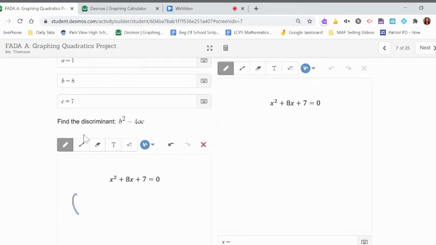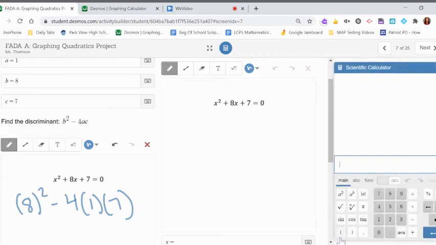I have my b squared, which is 8 squared, minus 4. My a is 1, and my c is 7. All right, I can type that right into my calculator. Parentheses 8 squared minus 4 times a times c.